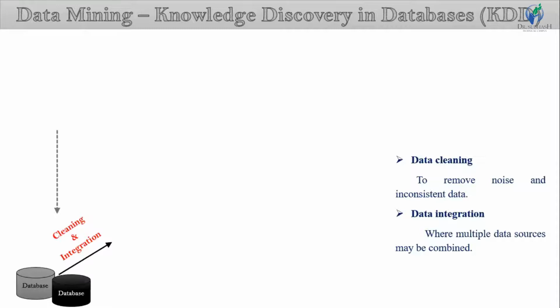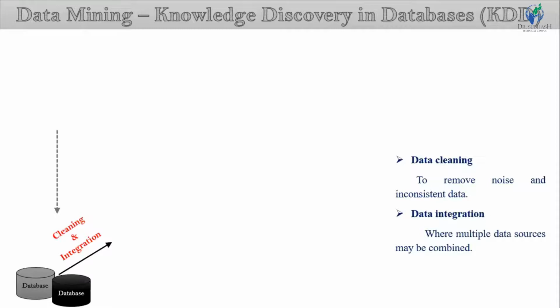There are mainly two types of approaches for data integration. The first approach is tight coupling. In tight coupling, data is combined from different sources into a single physical location through the process of ETL, meaning extraction, transformation, and loading. The second one is loose coupling.